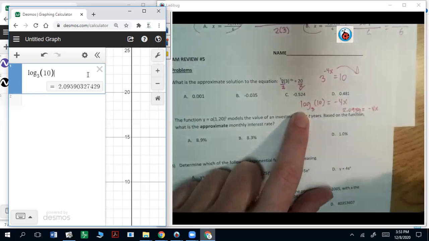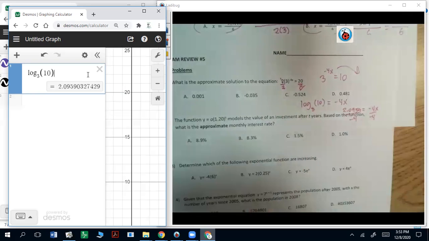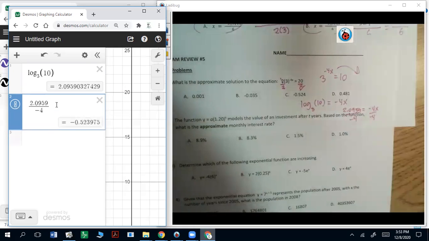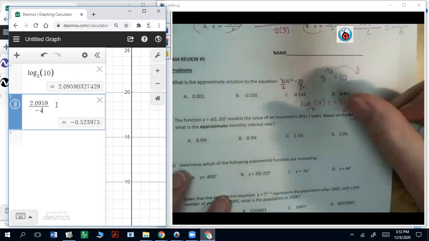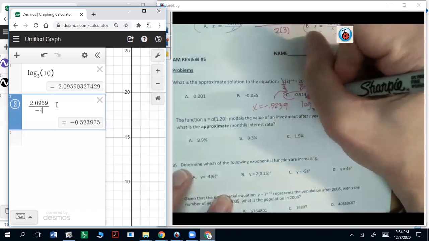And then you can divide by negative 4. So that number divided by negative 4 is negative 0.5239. So x is negative 0.5239. Of course, that closest number here is there.